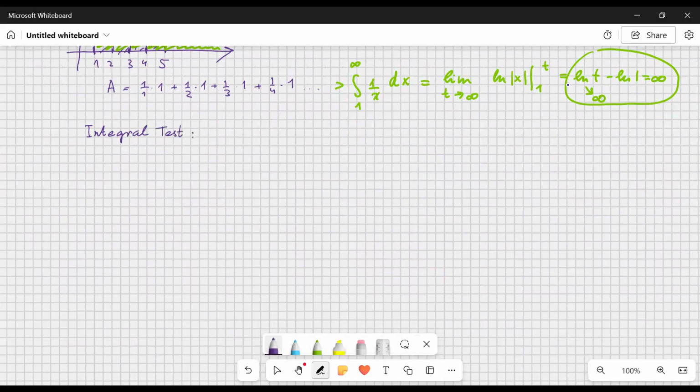So the integral test is going to have some restrictions on the function. My function f, which I produced for my series, is supposed to be continuous, positive, and decreasing on the interval from 1 to infinity.